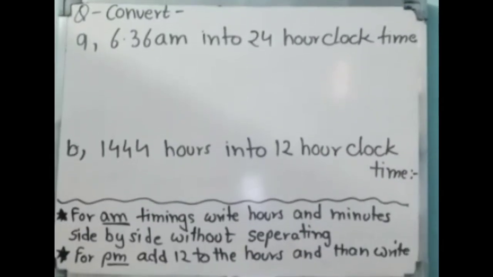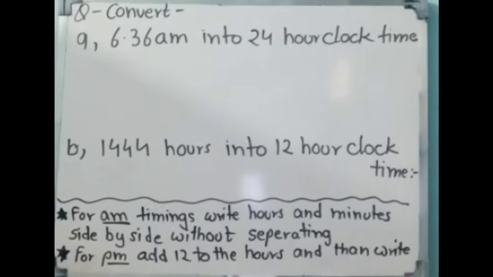Question is: 6:36 am into 24 hour clock. As AM and PM, what is the rule? As you all know, for AM timing, write hours and minutes side by side without separating. For PM, add 12 to the hour and then write hours and minutes. So here we have AM.